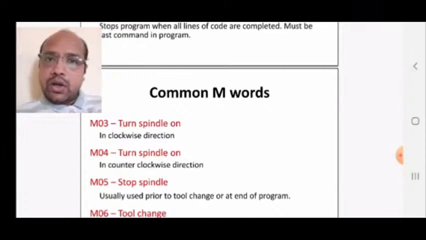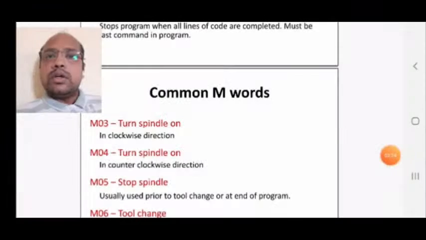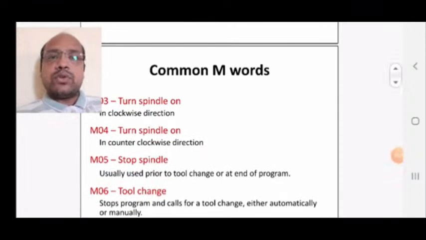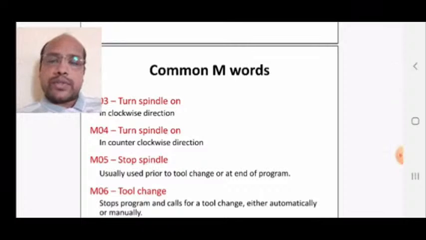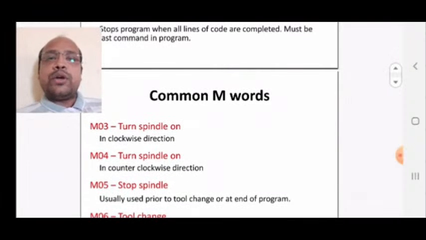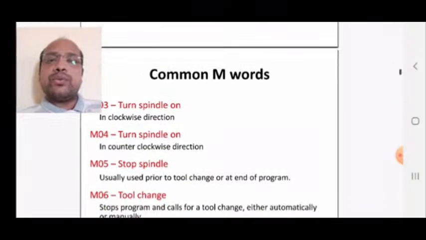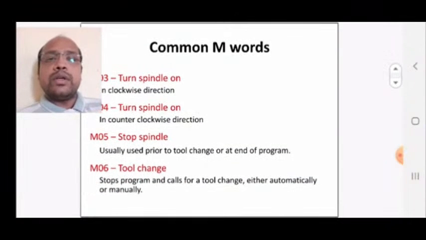Instead, to start rotation of the spindle, you have to go for turning on the spindle: M03. Then the next code is M04, turn spindle on in counterclockwise direction, that is anti-clockwise movement of the spindle. M03 is the clockwise movement of the spindle, and M04 is the anti-clockwise movement.